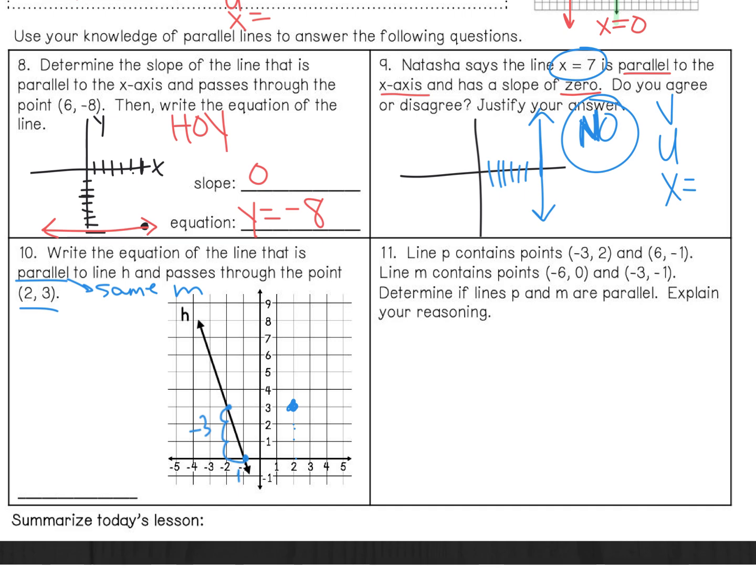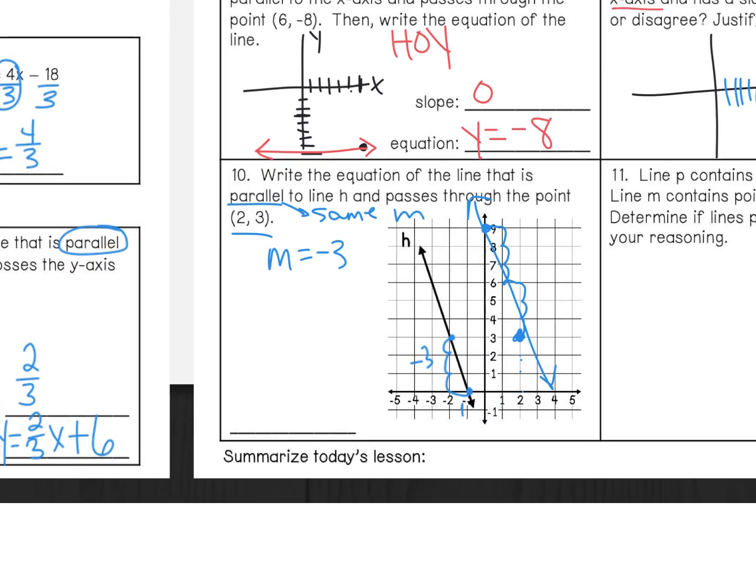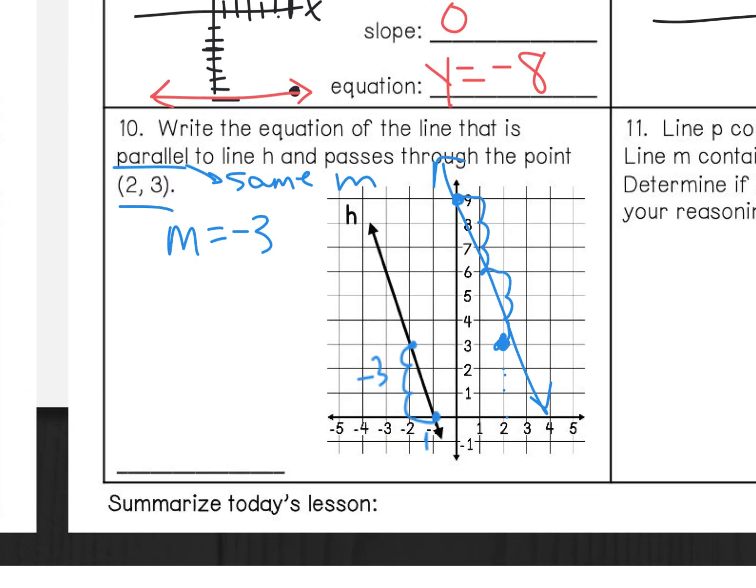So if my slope is -3, you can do a couple of things. You can do point slope, or you can do 1, 2, 3, back 1 to find that y-intercept. Either way will work. If I count like that, I can see my b is 9.